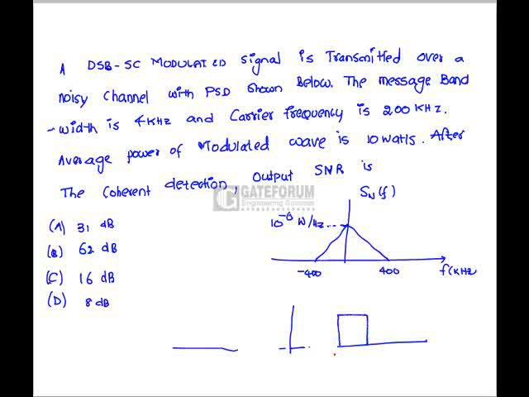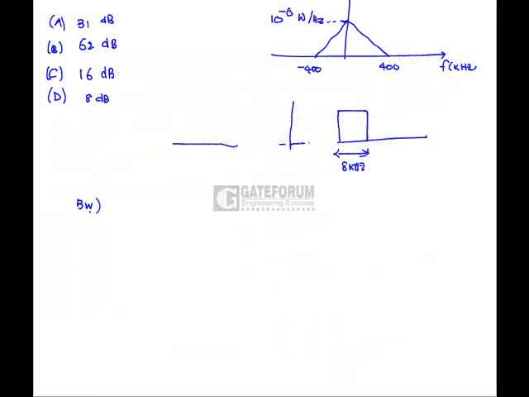The bandwidth is 8 kHz, because the bandwidth in case of DSB-SC is nothing but 2 fm. fm is the bandwidth of the message signal, that is 4 kHz, so it is 8 kHz. It is distributed around the center frequency, that is 200 kHz. Similarly, this is minus 200 kHz and the bandwidth is 8 kHz.